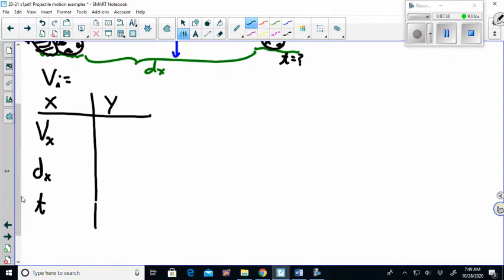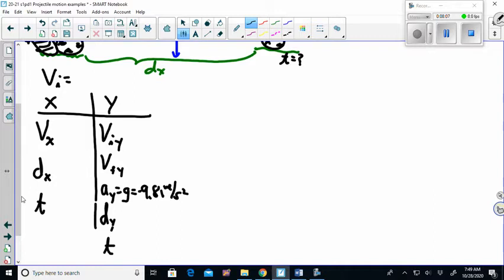In the y direction: viy, Fy, ay, which is g, which is negative 9.81 meters per second squared, dy, which is the height of the object, and t. So again, same variables we've been using.